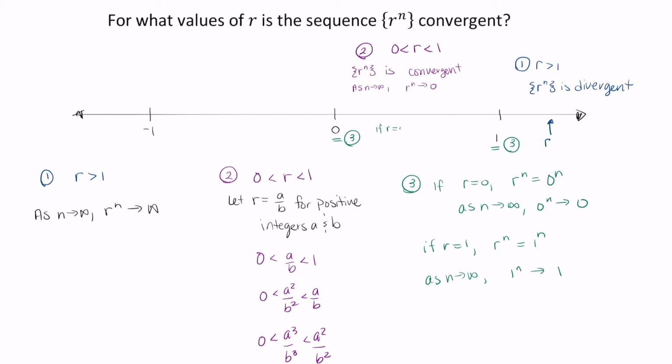If r equals 0, as n approaches infinity, r to the n approaches 0. If r equals 1, as n approaches infinity, r to the n approaches 1. So in this case, either way, we know for case 3 that this sequence is convergent.